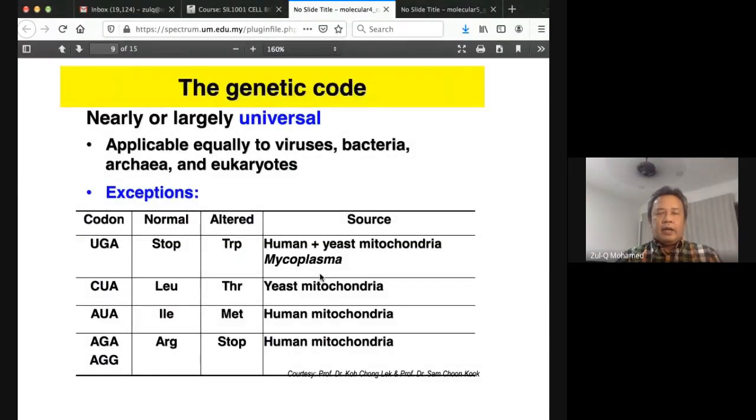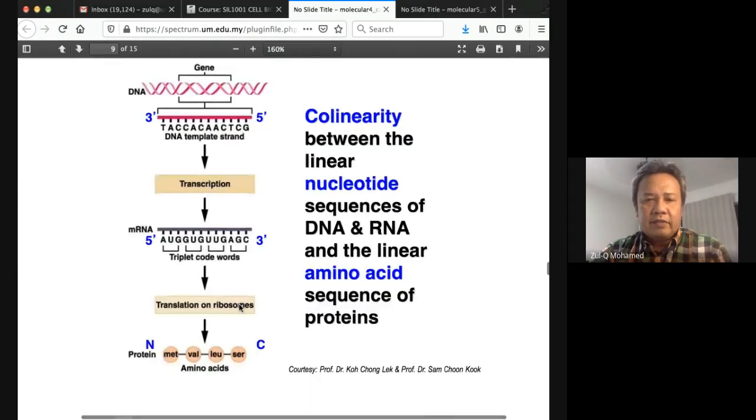This slide talks about the fact that in some instances the genetic code is not universal, right? Codon UGA is normally a stop codon in normal cells, but in yeast mitochondria and human mitochondria it codes for tryptophan. So very, very minor differences.